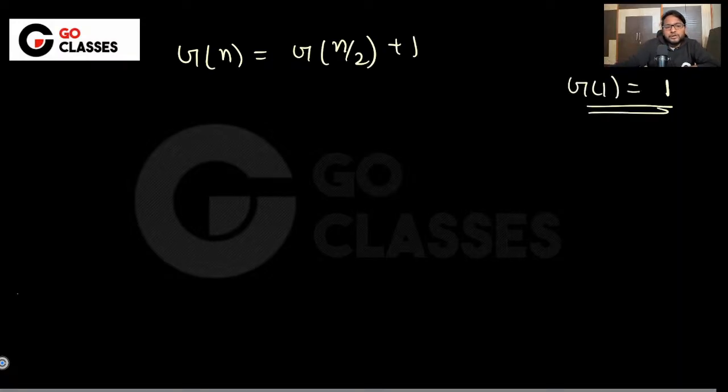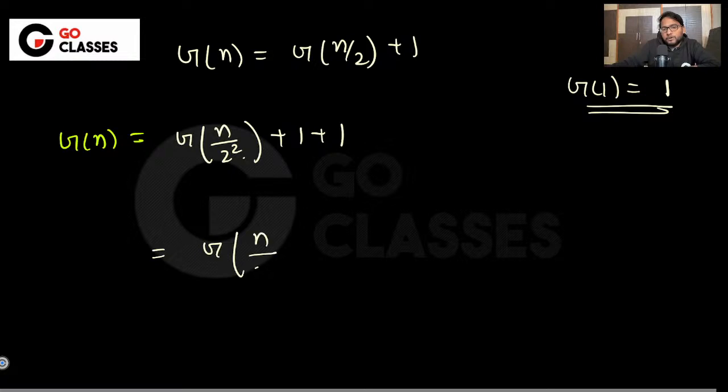Okay, so let's just keep on doing it. See, Gn will be, if you do it one time, you will be getting G of n by 2 square plus 1 plus 1, right? So if it is 2 square, you are getting 2 times 1. Similarly, if this is n upon 2 power k, then you will be getting k times 1, right?